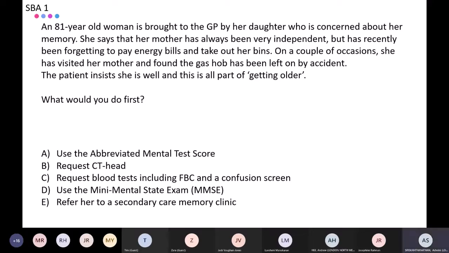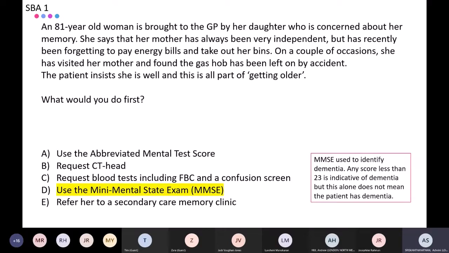I can see most people have said D, which is the correct answer, so well done. I can see a few people have put A as well, so that is something that you can use, but it's more of a bedside test, whereas the MMSE is better for this to identify dementia.